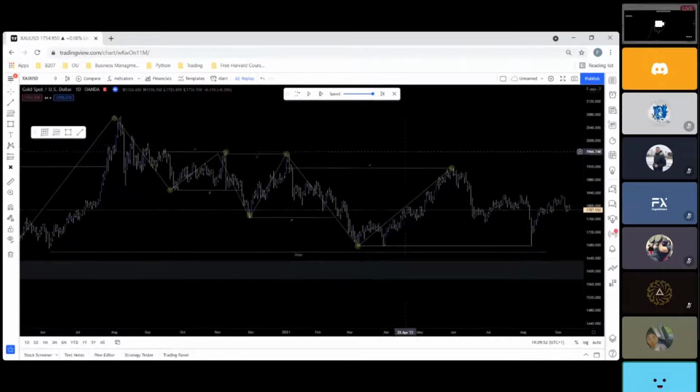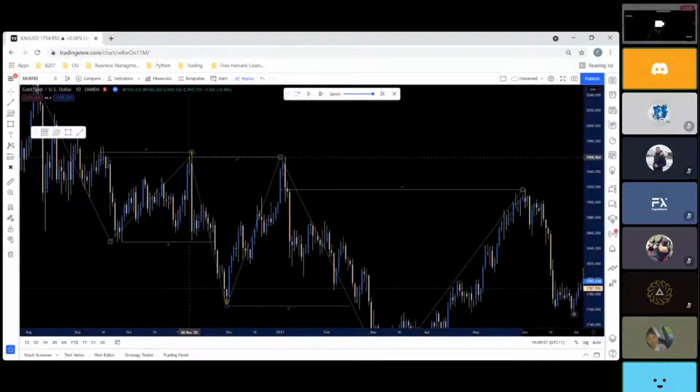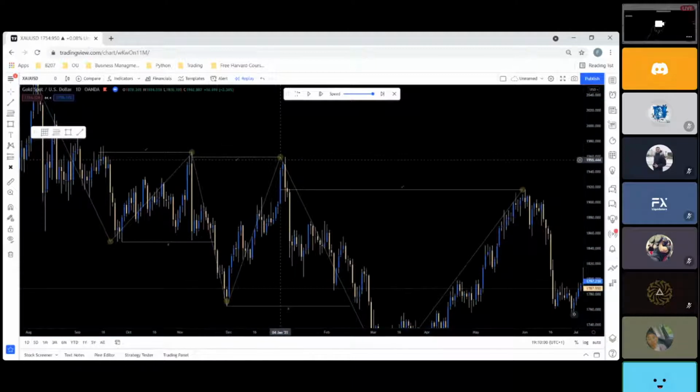So what is really good here, and this is what I find with gold, is how it really does hold structure really, really well.